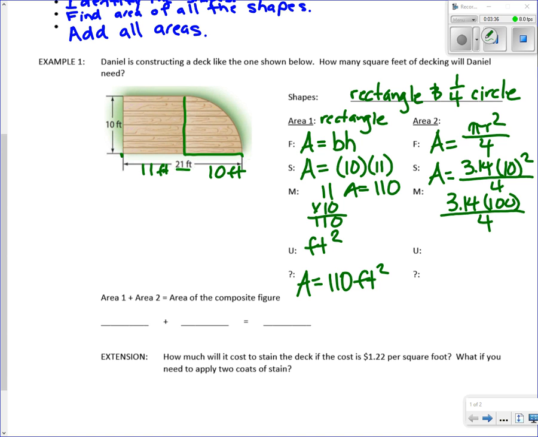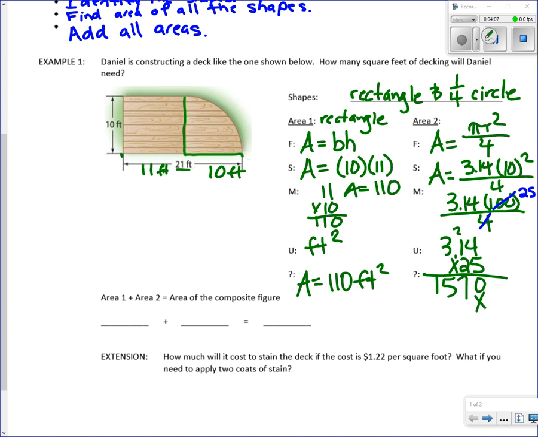Now I'm going to simplify. I know that 4 goes into 100 25 times. And then I'm going to multiply 3.14 times 25. So 5 times 4 is 20, 5 times 1 is 5 plus 2 is 7, 5 times 3 is 15.